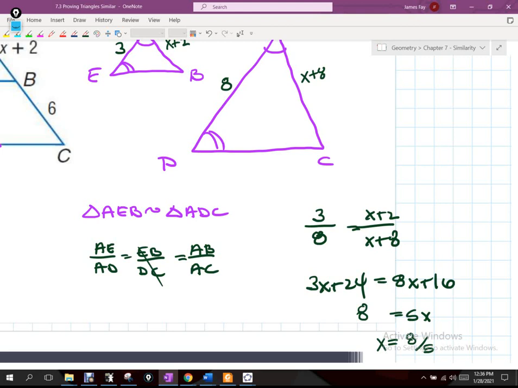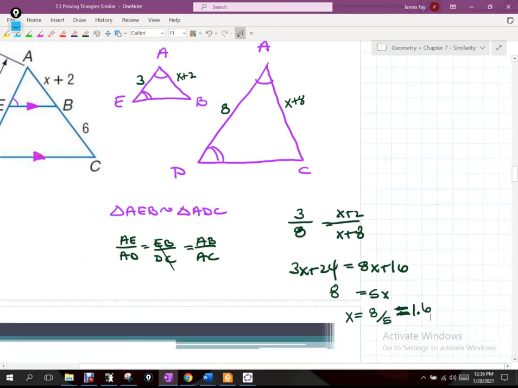Okay. Which, because it ends in a fifth, so that's 1. And 3/5, 3/5 is 6, so actually it equals 1.6. And you can check that, you can plug that back in. And you'll get, what, 3.6 divided by 9.6.